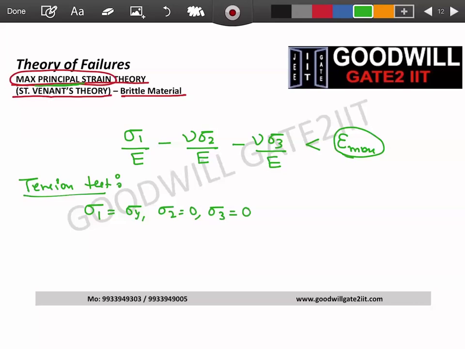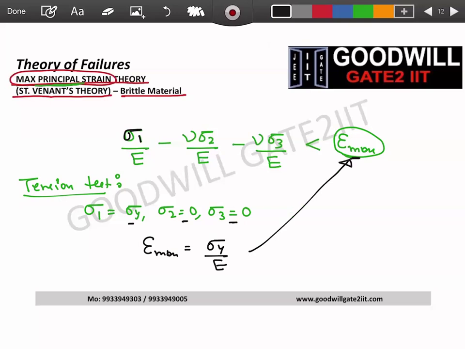Correct? You don't have to do any of this in your GATE exam or even for revising. If you put sigma y here, sigma 2 as 0, sigma 3 as 0, you will get your strain as sigma y by E. And then I'll substitute it here.